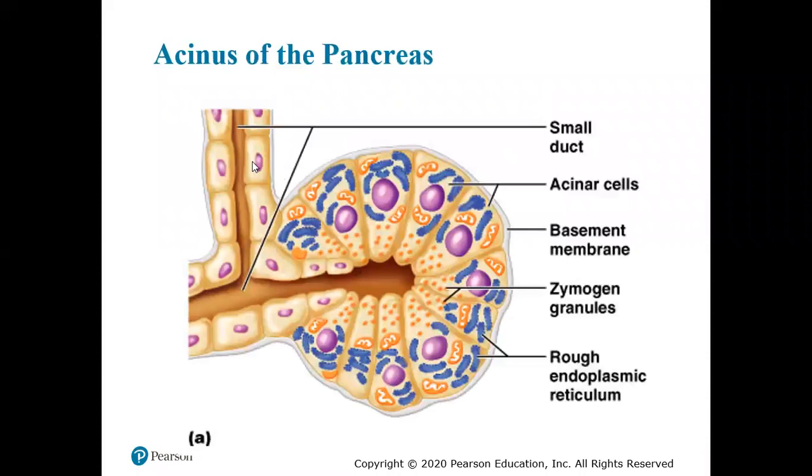The pancreas is made up of these acinar cells, which are going to produce enzymes using these zymogen granules. And we'll get into the specifics of the enzymes when we talk about secretions.